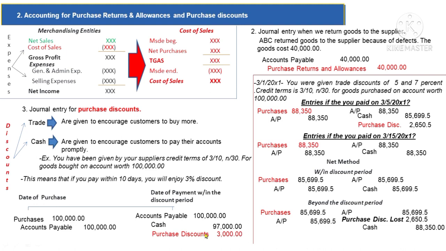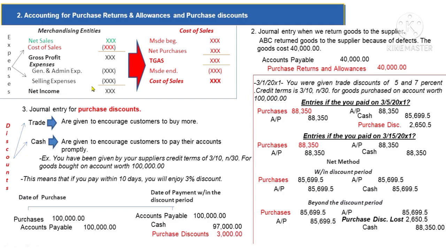Another is that remember always that the purchase discounts as well as the purchase returns and allowances are deducted from the gross purchases in order to get the net purchases. The purchase discount lost is not part of the net purchases but is actually part of the operating expenses of the merchandise entities. So that's it.